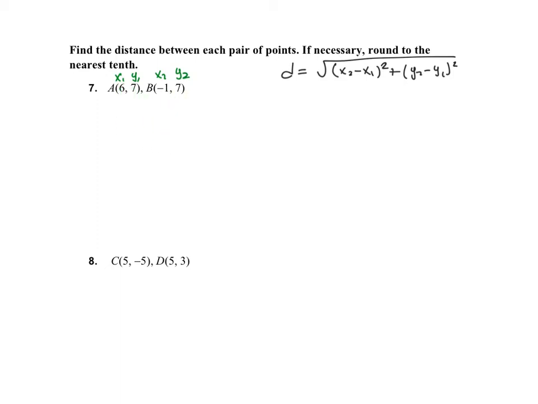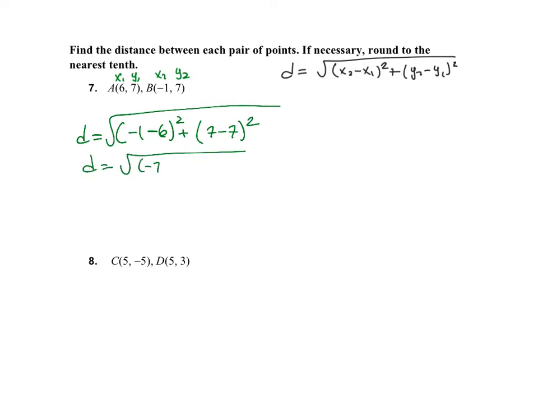So the distance is the square root of negative 1 minus 6 squared plus negative 7 minus 7 squared. So the distance here is negative 7 squared plus 0 squared, which is 49 plus 0. The square root of 49 is 7.